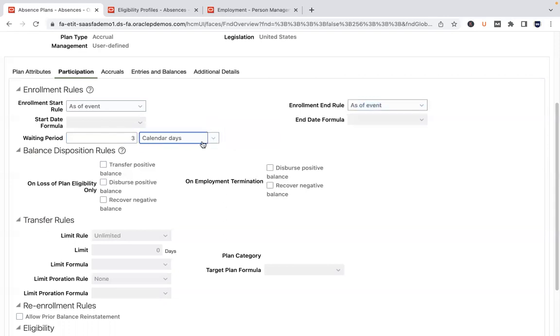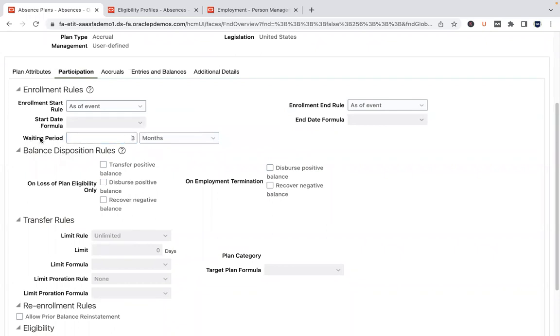In which case you say waiting period is 3 months. You join a company, and until you finish 3 months, you are not eligible for this particular leave plan. You won't start accruing balances either. The first 3 months, you don't get any leaves and you can't take leaves. That's what a waiting period means.